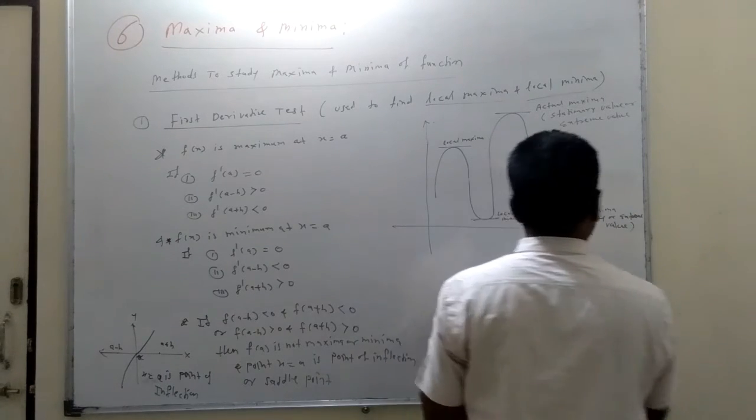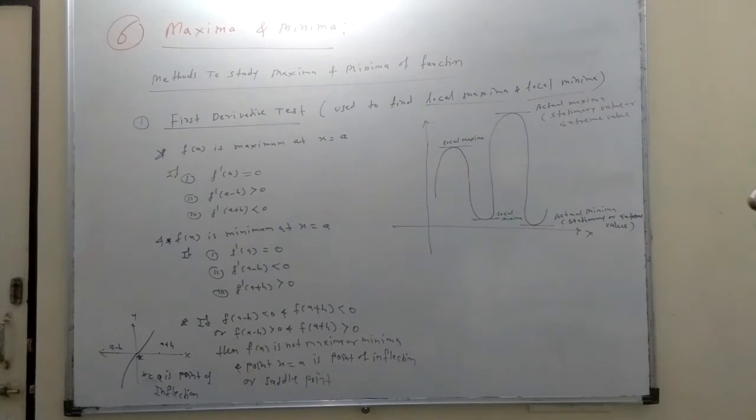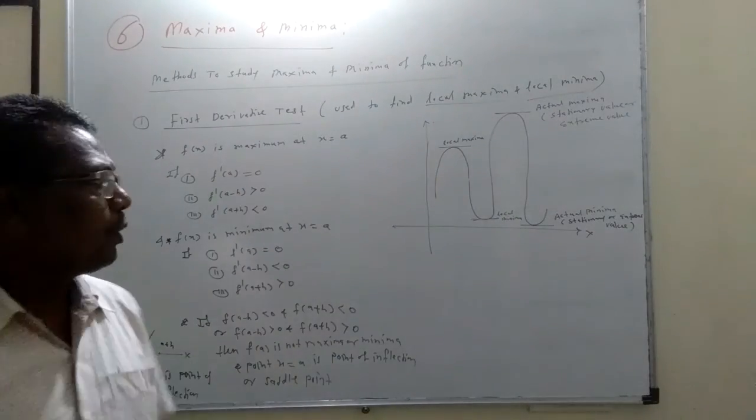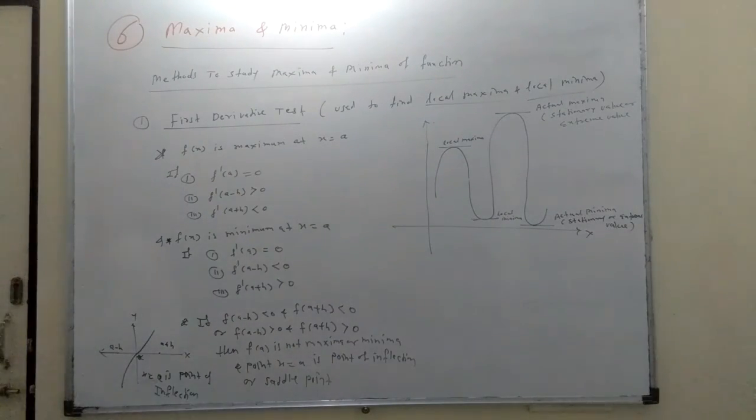So when they ask to find stationary values or extreme values of the function, you want to find this perfect maximum and perfect minimum values of the function.